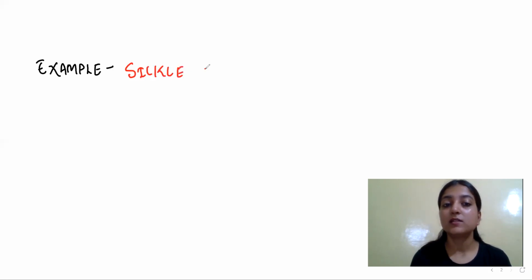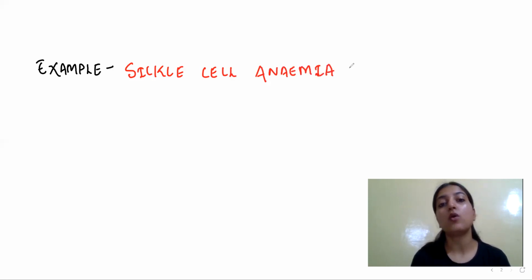Now we will take a second example, which we can understand very easily, and it is sickle cell anemia. The second example of pleiotropic genes or pleiotropy is sickle cell anemia. Suppose this is a chromatid I have drawn here, to understand pleiotropy more easily.